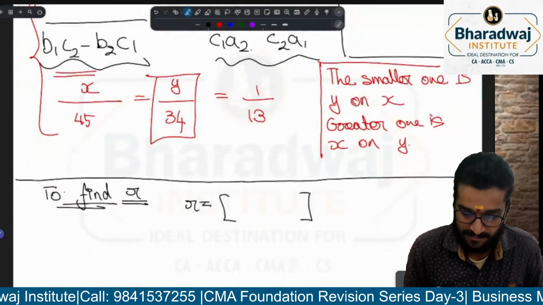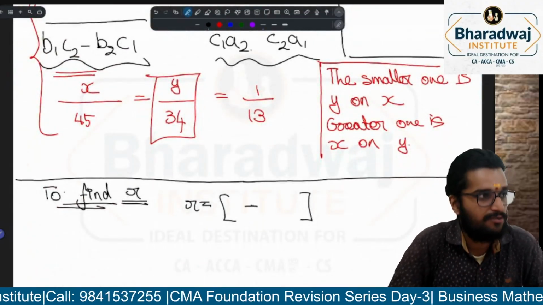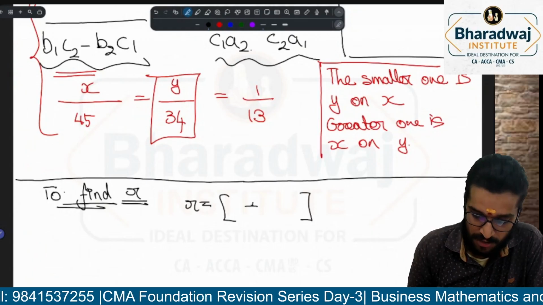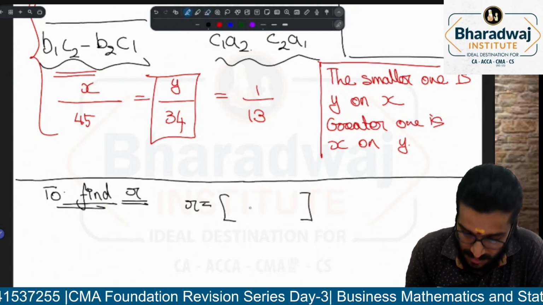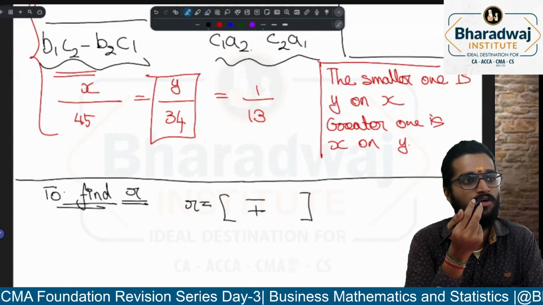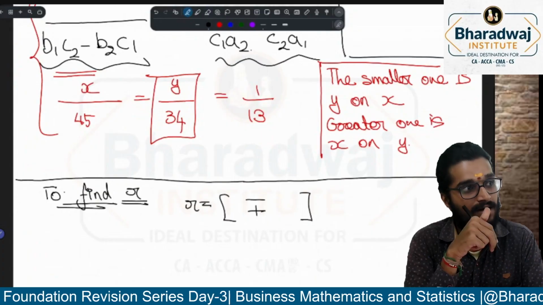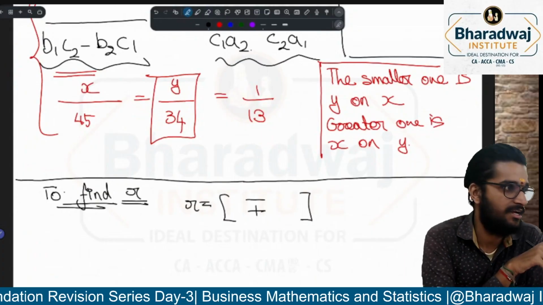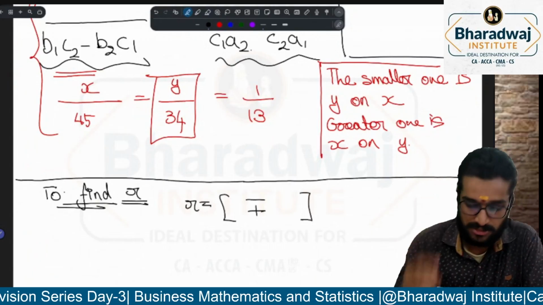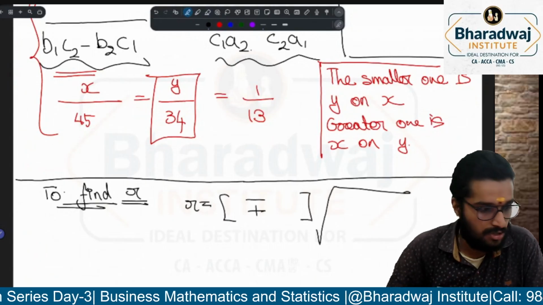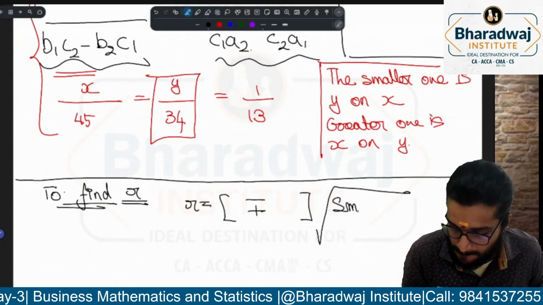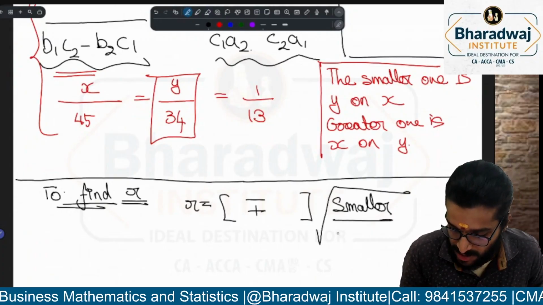Take the opposite sign, so I am taking it as negative. So it will be not plus or minus, it will be minus or plus. If both the y coefficients have a positive sign, take it as a negative one. If both the y coefficients have a negative sign, take it as a positive one, times root of smaller divided by larger.